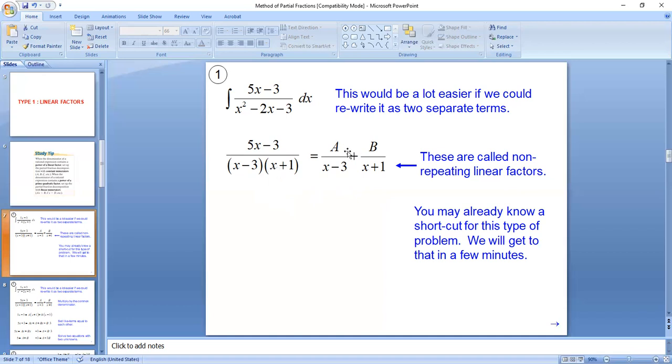Why? If you're listening intently to my discussion a few minutes ago, this x plus 1 is not part of the factor that you have in here. So that's the thing that should be multiplied to a. The factor that is not part of the denominator of b is x minus 3. So it's the thing that should be multiplied to b here. That will be shown in the next slide.